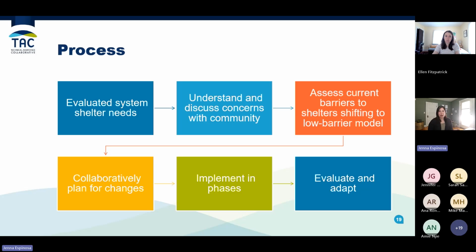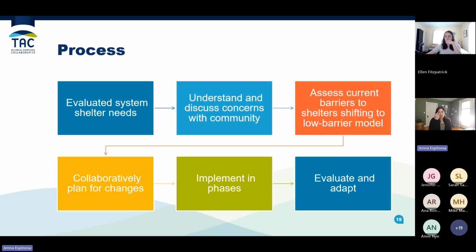We make decisions about policies or the environment or services as a reaction to the current state of homelessness in a community or to an event that happened, which isn't wrong. But we also want to balance that with guiding principles, so really understanding how principles can help drive decisions to be made as well.